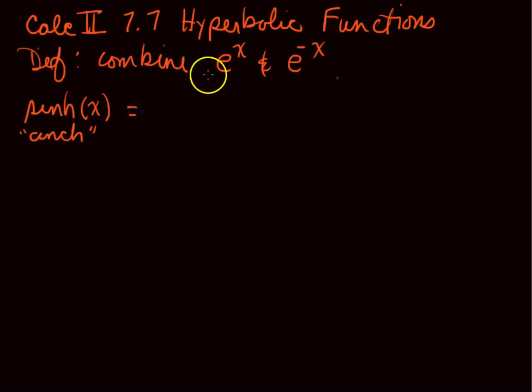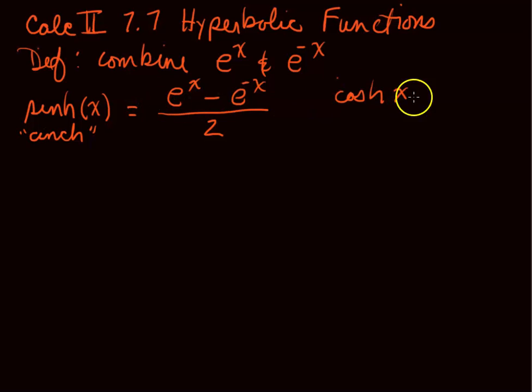When we talk about combinations of this e to the x and e to the negative x, one of the foundations is sinh x equals e to the x minus e to the negative x over 2. That's how it's defined. The hyperbolic cosine, or cosh of x, and I probably won't use these parentheses unless I feel it's necessary. Now, sometimes they call it cosh.